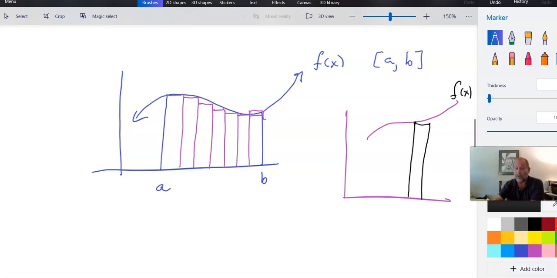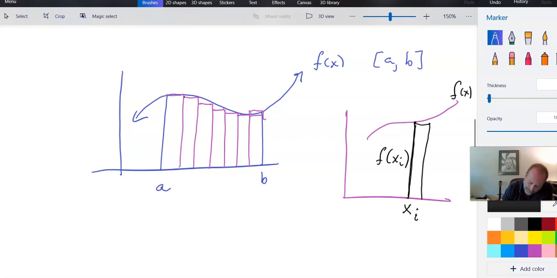The height of each one of these individual rectangles can be found if I call this x value xi, just because we're going to have subscripts on the x's. If this x value is xi, then the height of this rectangle is f of xi.